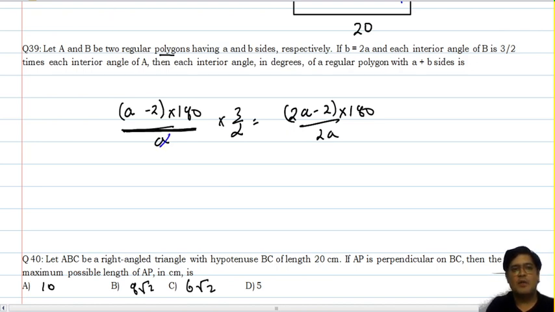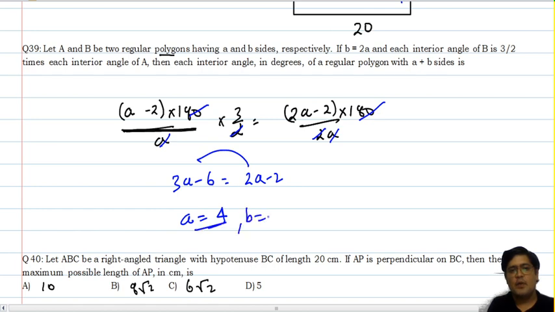I can cancel out 180, 180, and the 2s are also gone. What I have here is 3A minus 6 is equal to 2A minus 2. Transferring this, I'll have A is equal to 4.